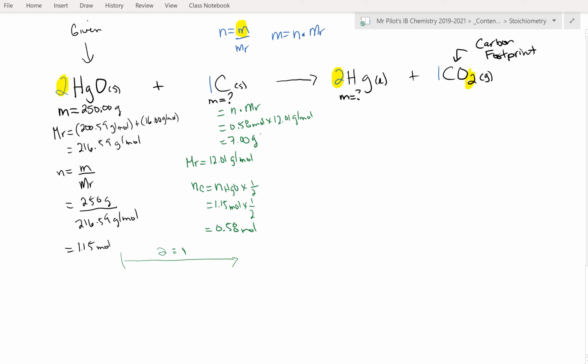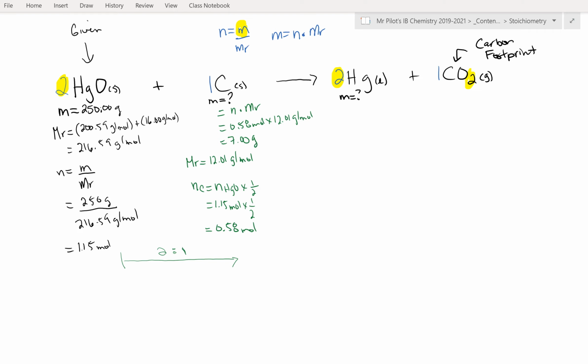All right, so not a lot of mass of carbon. Remember, 1 mole of carbon would be 12 grams, and we don't need quite a mole. We need about 60% of 1 mole. That's what 0.58 would represent. And so that's about 7 grams. 7 out of 12 is about 60%.